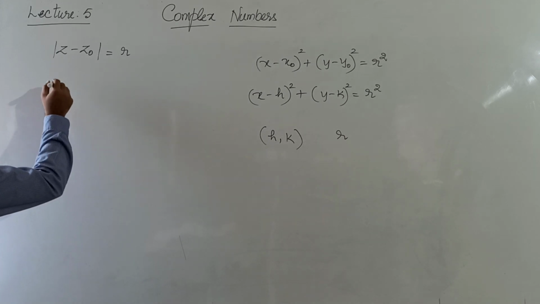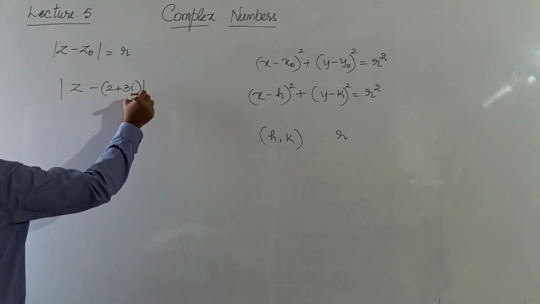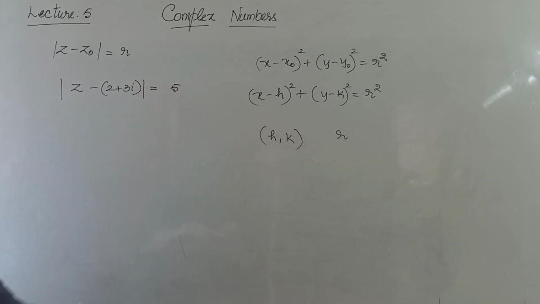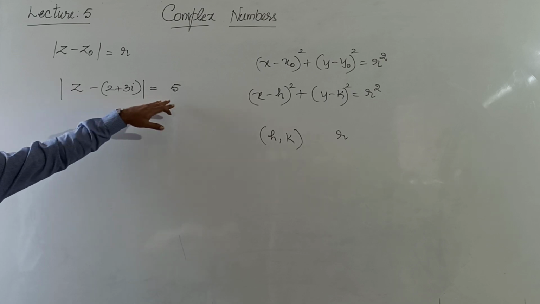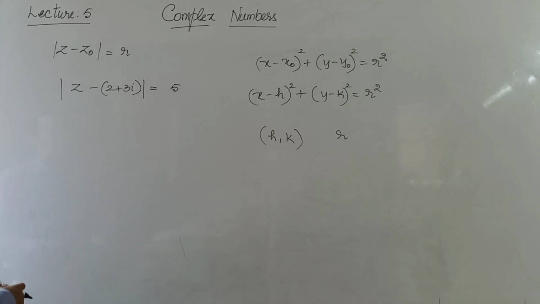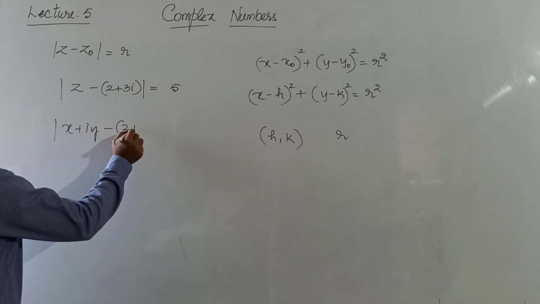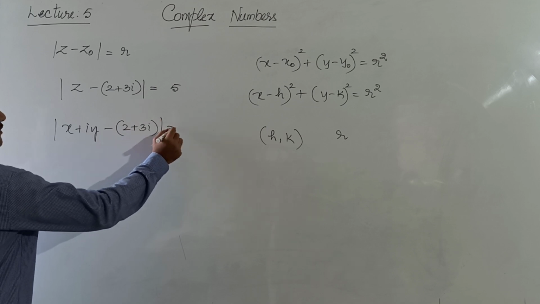Suppose I have modulus of z minus of 2 plus 3i is equal to 5. So this equation is of the form mod of z minus z naught is equal to r. Now I will explain how this represents a circle. I will take z as x plus iy as usual, minus of 2 plus 3i is equal to 5.